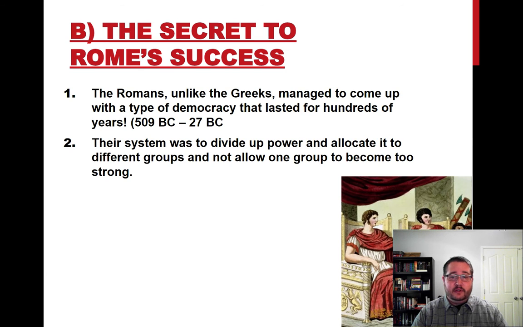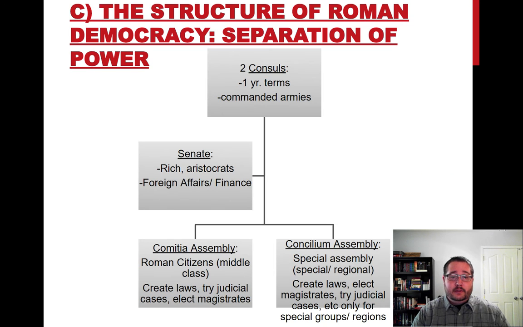So their system is to divide up power and allocate it amongst different groups and not allow one group to become too strong. And this is what makes modern democracies work and stand the test of time today, is this process.